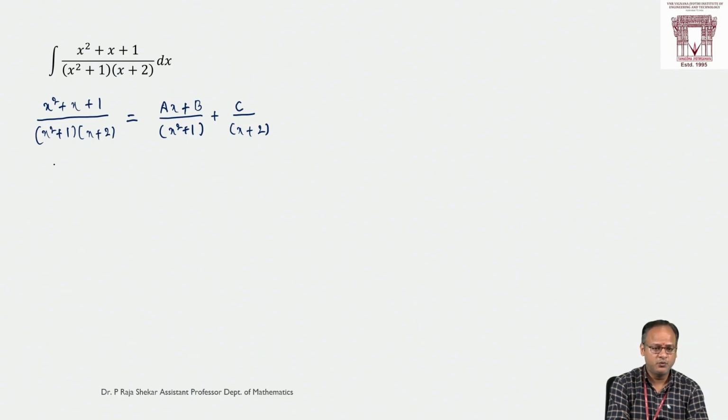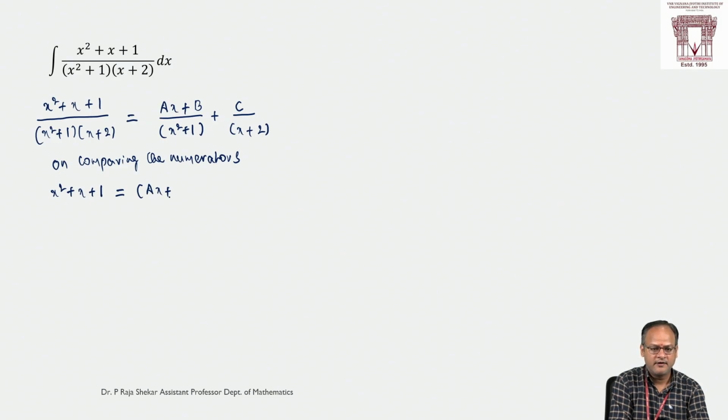And next, what is to be done? On comparing the numerators of both left and right hand sides, we get x square plus x plus 1 on the left hand side.